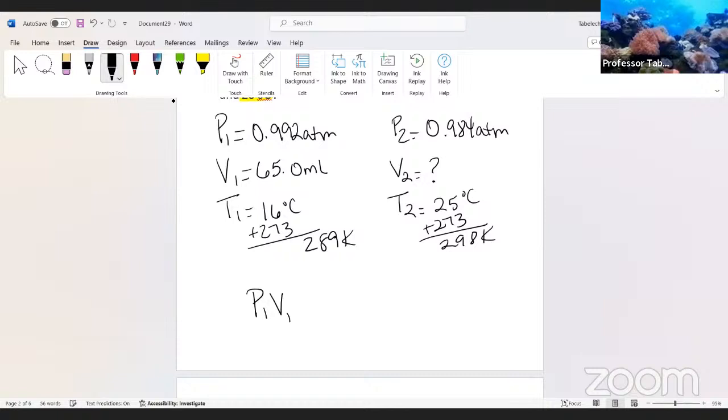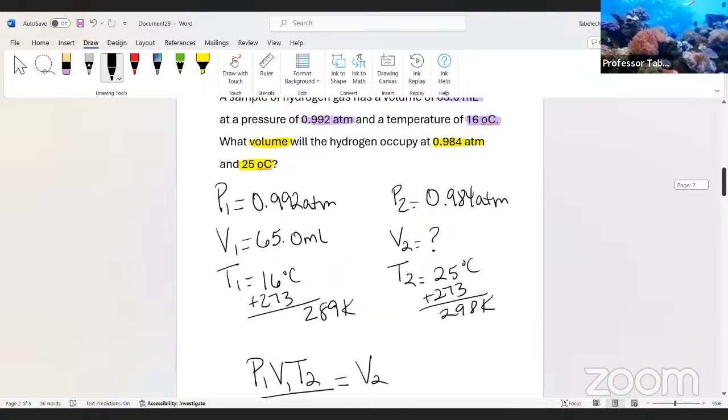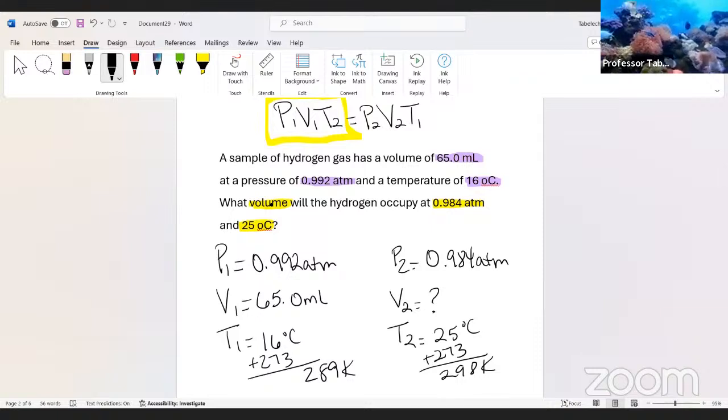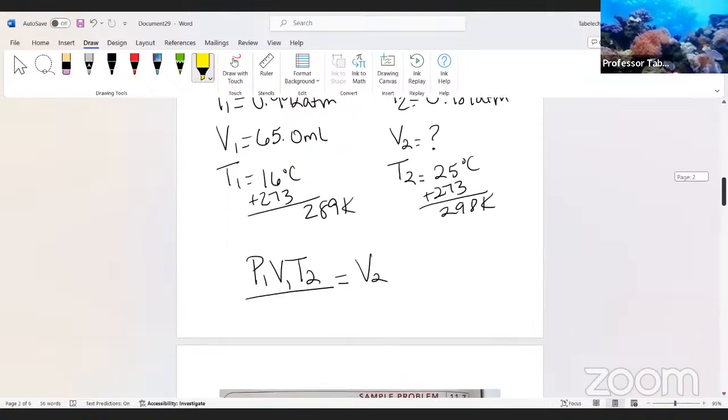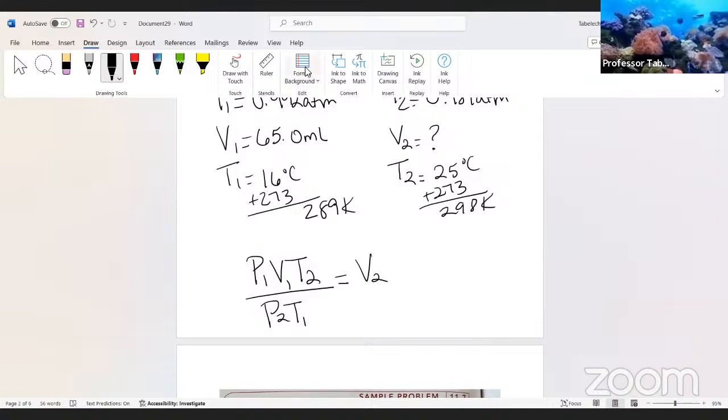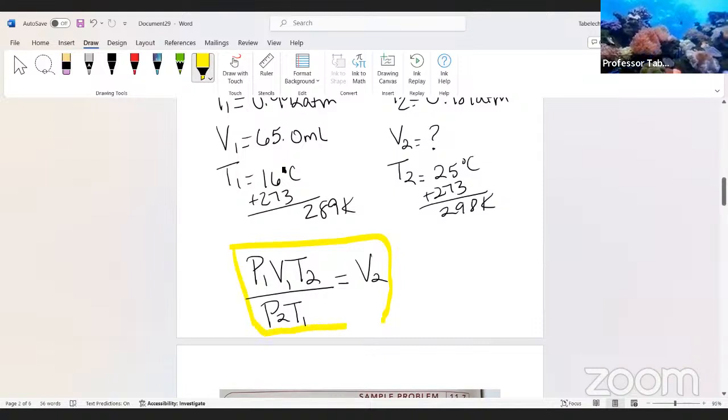P1 times V1 times T2 divided by, since we're looking for V2, according to our formula here, we're going to move P2 and T1 underneath the other values that I already written down. So P2 and T1 are going to be written down underneath my formula, okay? P2 and T1. So that is the formula that we're going to use to solve this problem.